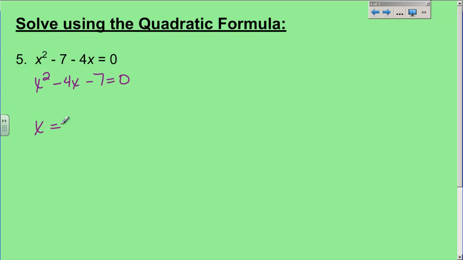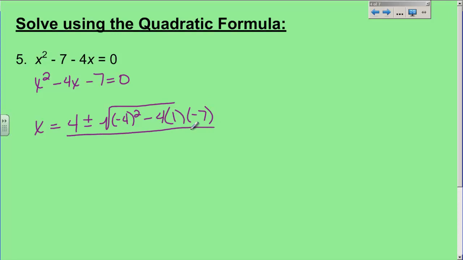So x equals the opposite of b, which is 4, plus or minus the square root of b squared, so negative 4 squared, minus 4 times a, well, a is 1, times c, which is negative 7, all over 2 times 1. So let's simplify.